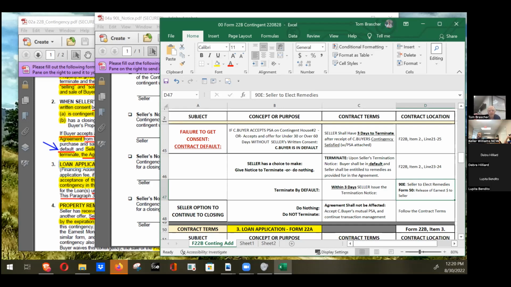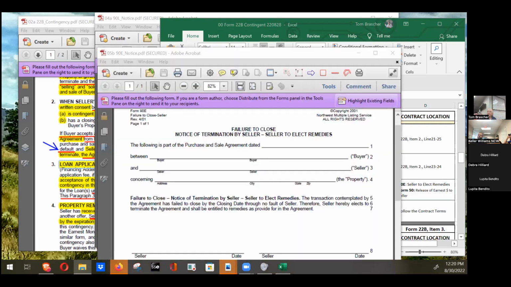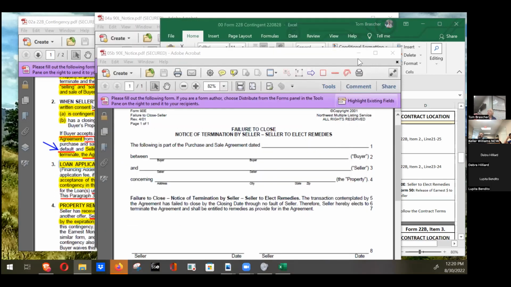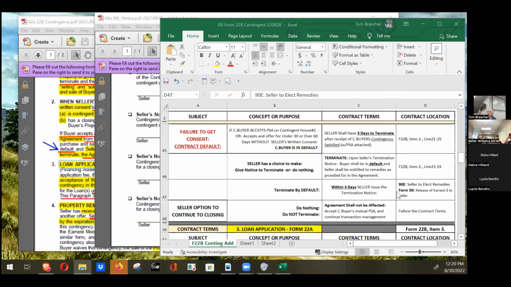That's my D and the E. So D is for the seller to keep their earnest money, or E for electing remedies, one form or the other.